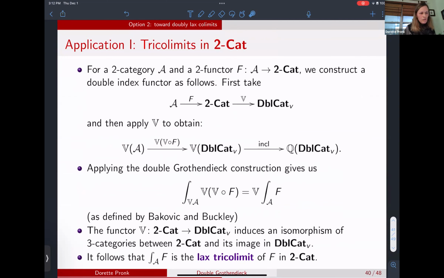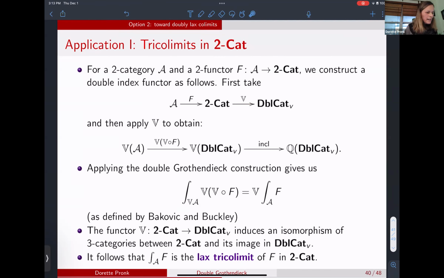So if I have a 2-functor from a 2-category A into 2Cat, we can construct a double index functor out of it in a couple of different ways. And the first one I want to look at is to compose with V, and I'm going into double cat and I will think about it as a 2-category with, again, the vertical transformations.